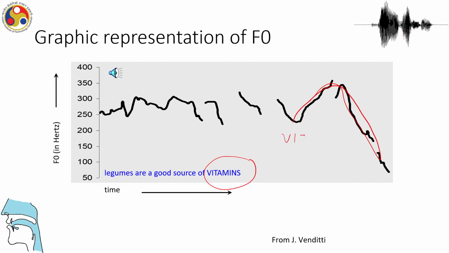It means that vitamins is emphasized here. Legumes are a good source of vitamins. It means that legumes are not a good source of proteins, or maybe also a good source of proteins, but definitely a good source of vitamins. This high pitch, rise and fall, shows that vitamins is emphasized there.